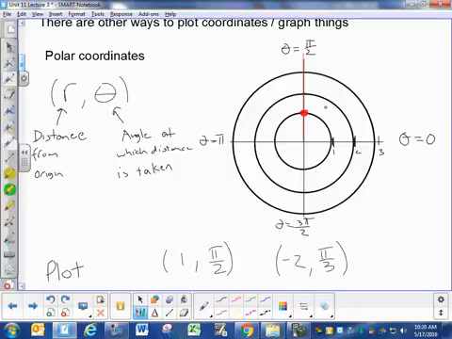Boom, I've plotted the point (1, pi over 2) using polar coordinates. That is much, much different from the Cartesian location of (1, pi over 2), which would be like right there. Okay? It's different. We have to switch our brains because it's different.